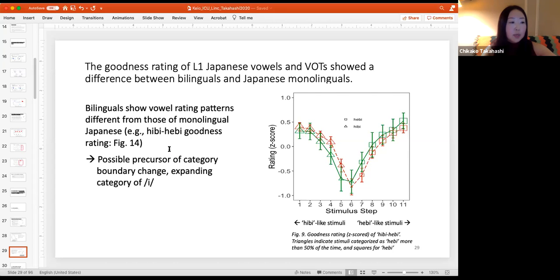However, the goodness rating of L1 Japanese vowels revealed a difference between bilinguals and Japanese monolinguals. Bilinguals showed vowel rating patterns that were different from monolinguals, giving generally higher ratings on hibi-like stimuli and lower ratings on hebi-like stimuli. This could be a possible precursor to category boundary change, expanding the perceptual category of E. But we will come back to this point a little later.